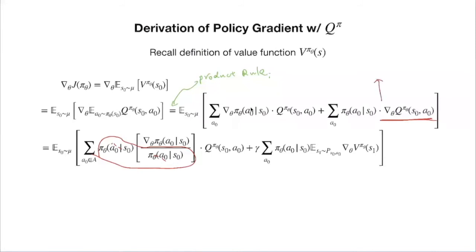So let me write out this step. Gradient theta of Q pi theta, S0, A0. So what is this guy, right? Let's apply a Bellman equation on it. Gradient theta of R(S0, A0) plus gamma times the expectation over S prime, S1, right? This looks pretty nice because the reward has nothing to do with my theta, right? So the gradient of the reward is 0.